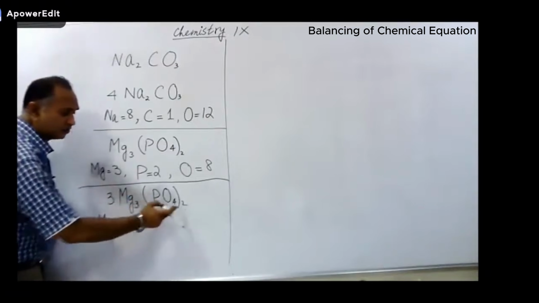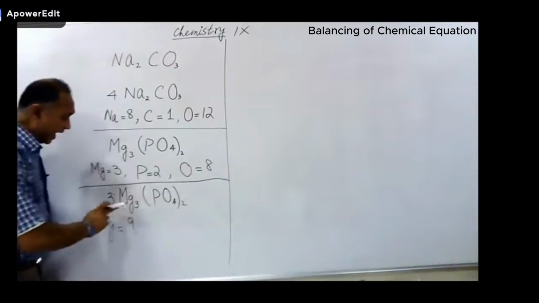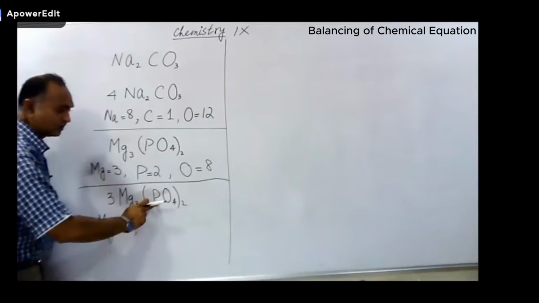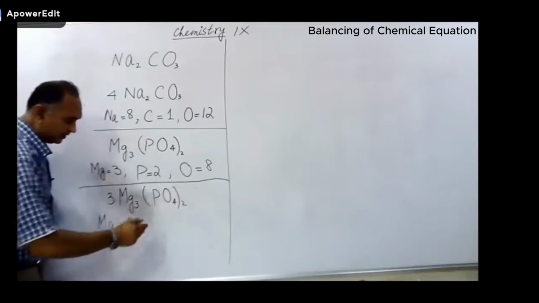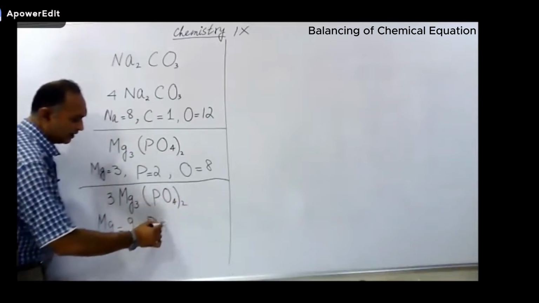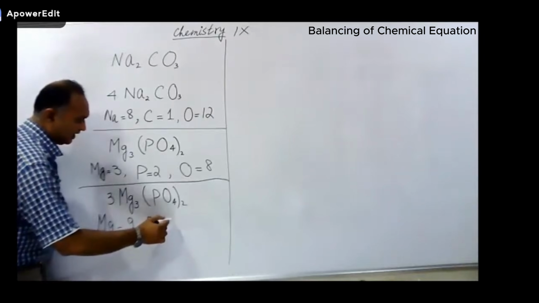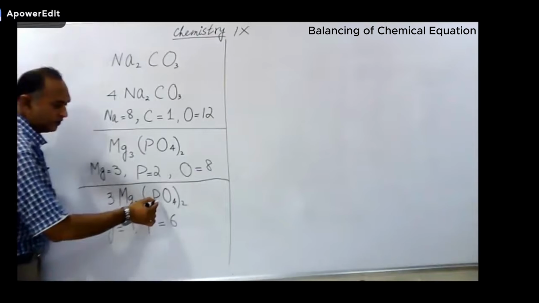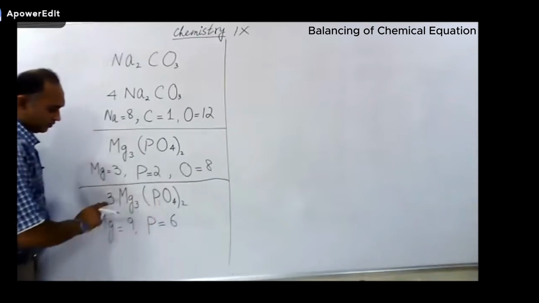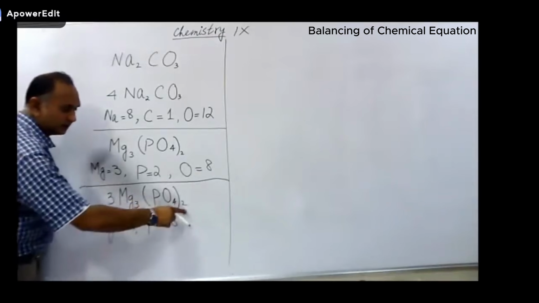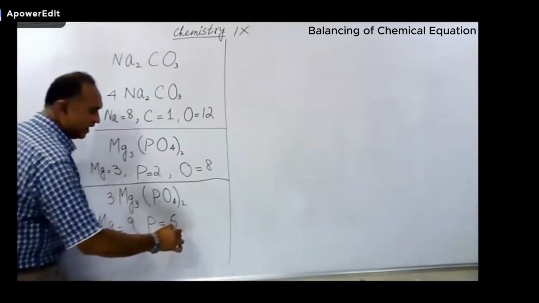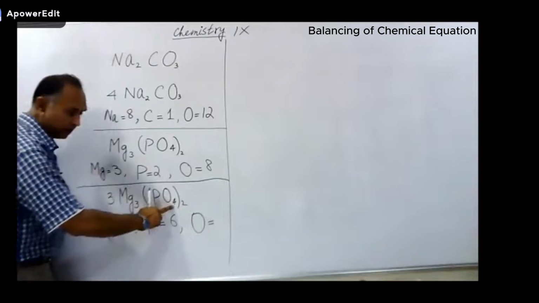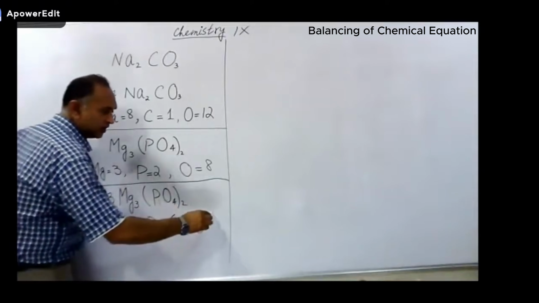Phosphorus is inside the bracket, so this 2 is going to be multiplied, and also this 3. So what is the answer? 3 ones are 3, 3 twos are 6. So there are 6 phosphorus. I repeat, phosphorus, what is the symbol? What is the number written over here? Nothing, means 1. So 3 ones are 3, and then 3 twos are 6. And finally, how many oxygens? 3 fours are 12, 12 twos are 24.